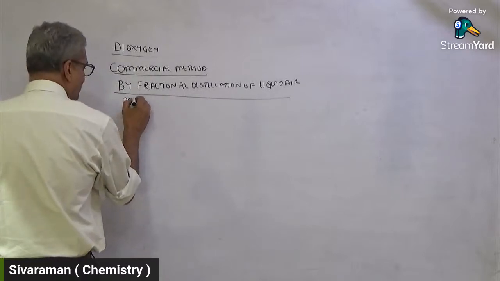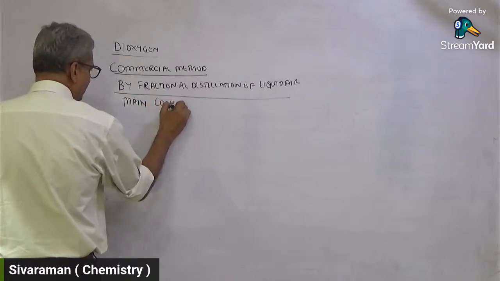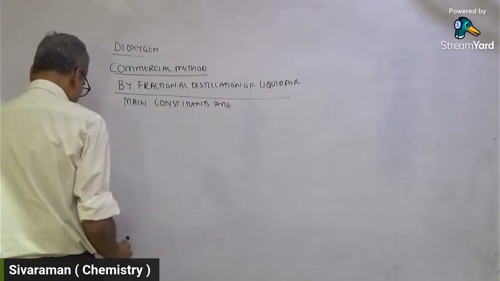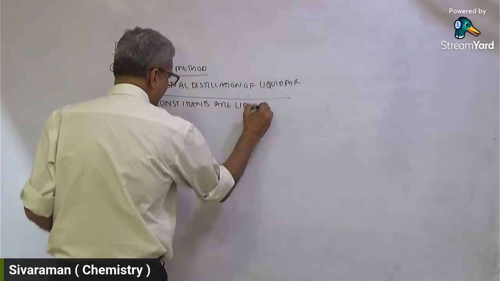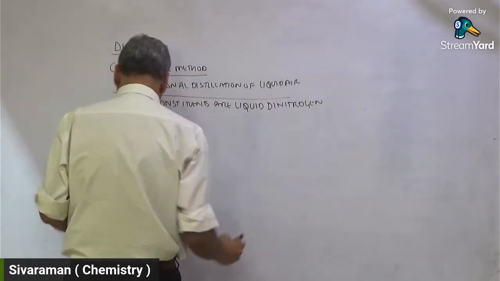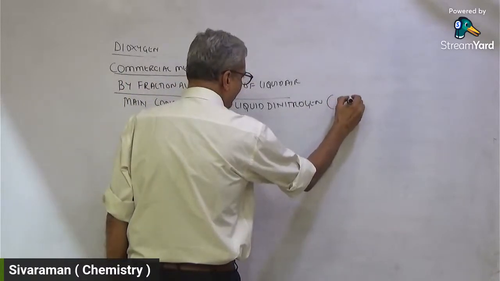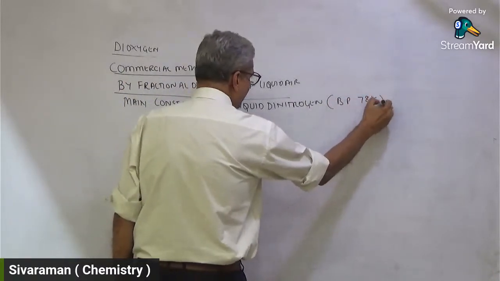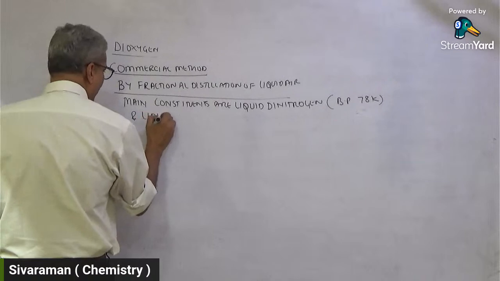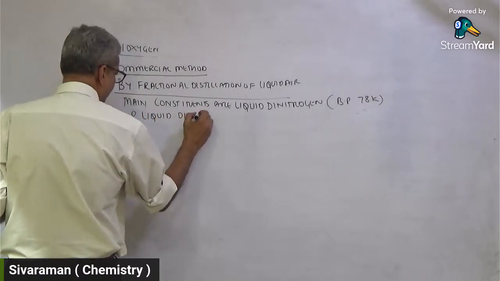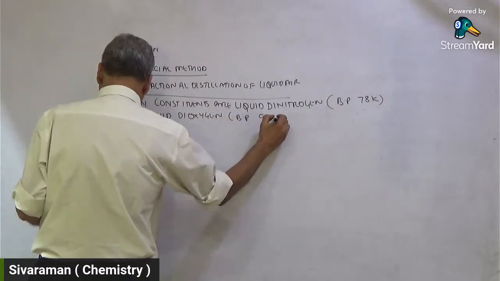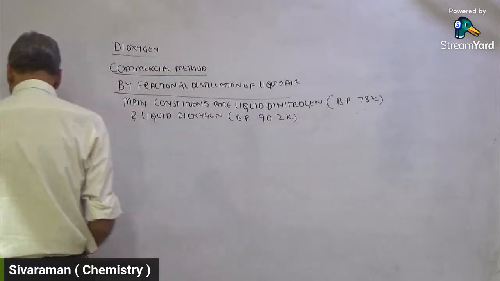The main constituents are liquid dinitrogen, boiling point 78 Kelvin, very important from the examiner's view. And liquid dioxygen, boiling point 90.2 Kelvin. So what will happen?